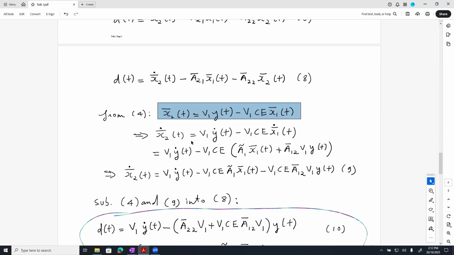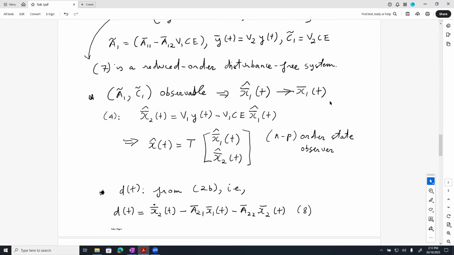And if we do that, we obtain the following expression. We also know x1 bar dot, which is the one given here, and that came from the reduced order disturbance-free system.